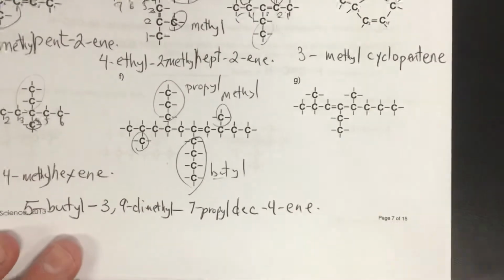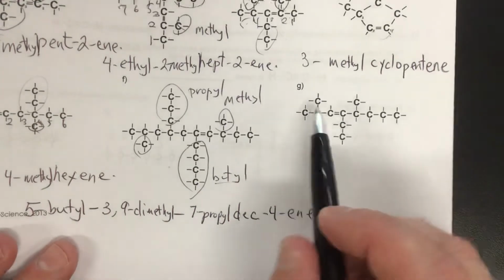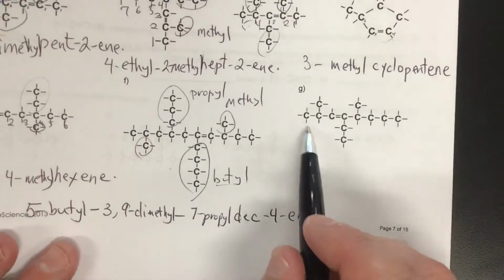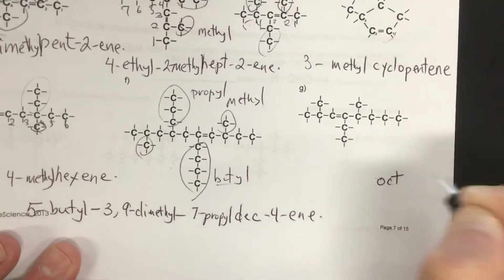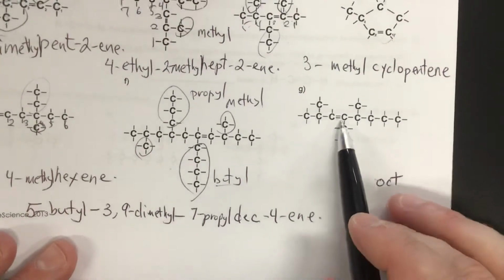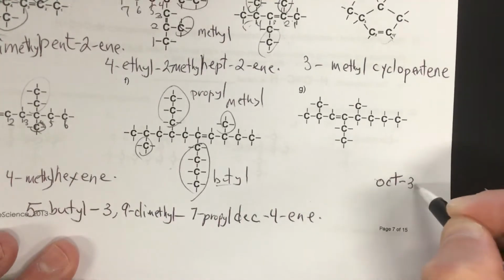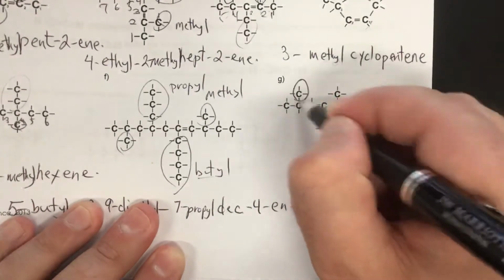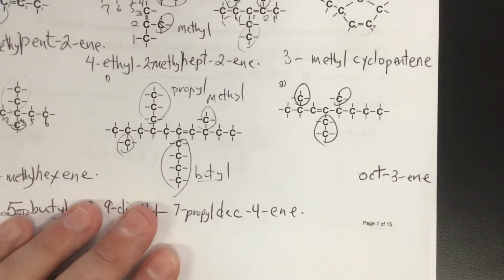Okay. The next one, G. Let's find the longest chain containing the double bond. So 1, 2, 3, 4, 5, 6, 7, 8. I'm pretty sure the root name of the parent chain is going to be oct. The double bond is on the third carbon, and we'll give it the lowest number, so oct-3-ene. And then I've got 2 attached methyl groups, and an ethyl group attached as well.